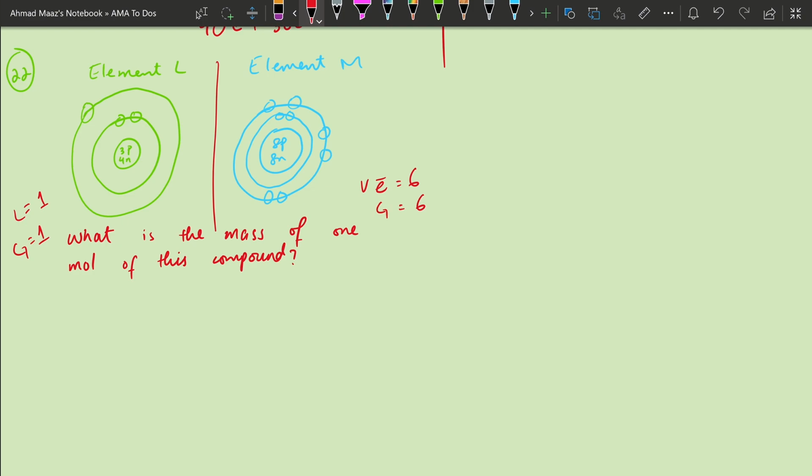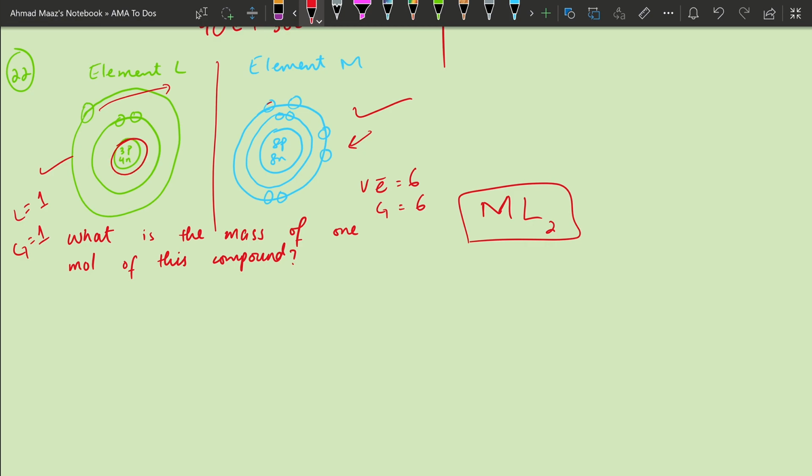Alright, so the compound formed will be: M needs 2 electrons and L can donate only 1. So the compound formed will be ML2, because 2 atoms of element L will suffice the need of 1 atom of element M to complete the octet of M and the duplet of L. Alright, so this is the compound formed.